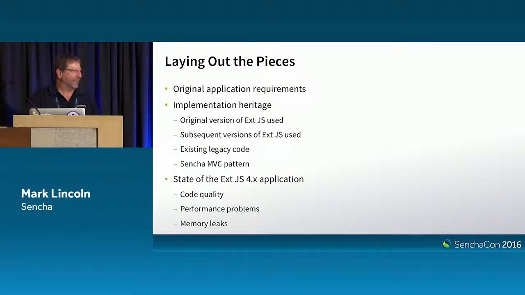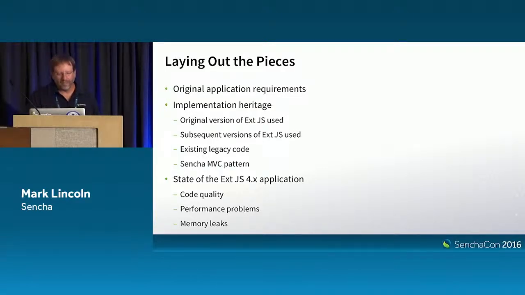So finding that information may be beneficial in upgrading the application. We're going to tear the application apart and put it back together. So we need to know what it was supposed to do in the first place. Now we can run the original application and see that for ourselves, but having that documentation is going to be beneficial.